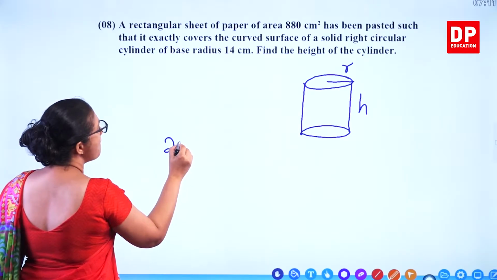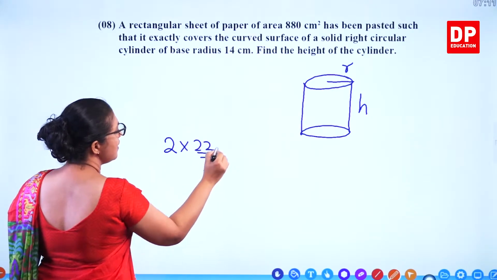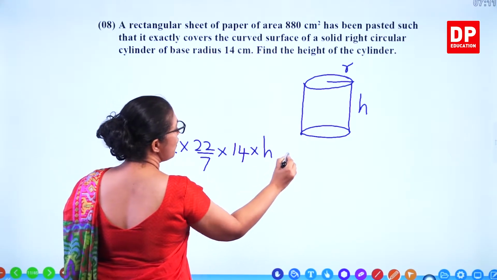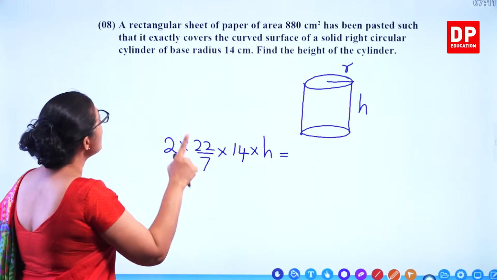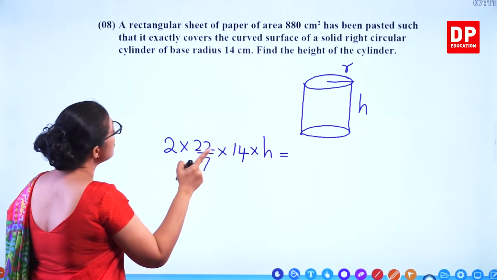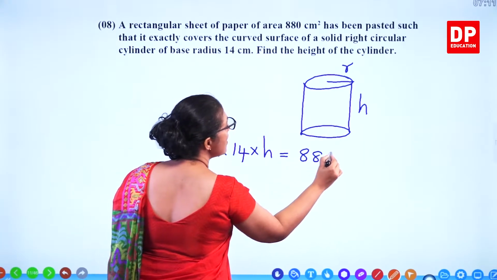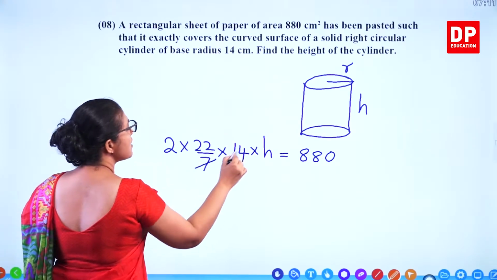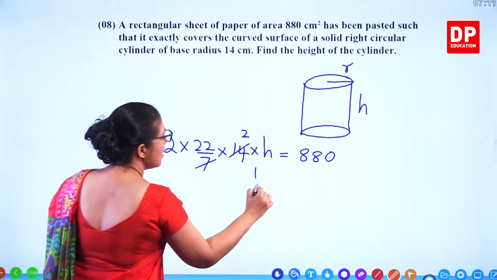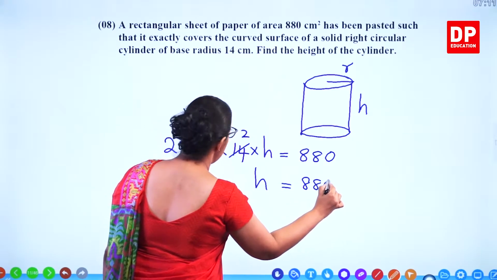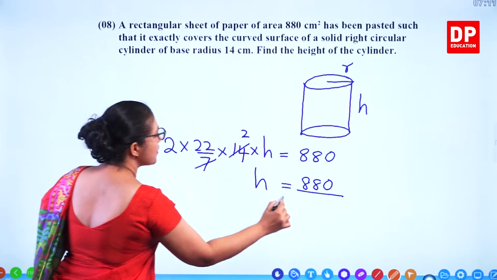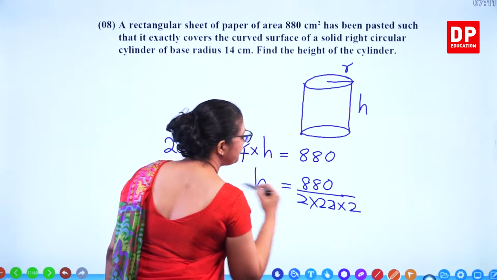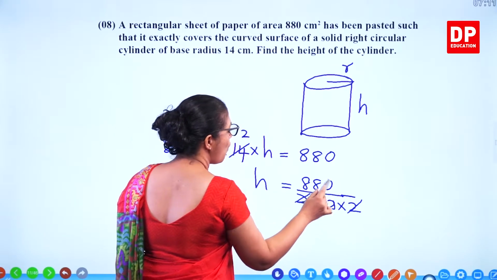So 2 pi is 22 over 7, radius is given as 14 and height we need to find, and this area is equal to the area of the rectangular sheet, that's 880. So how can we find h? 7 times 2 here, 14, h becomes 880 divided by 2 here and 22 and another 2. 2 times 2 is 4.